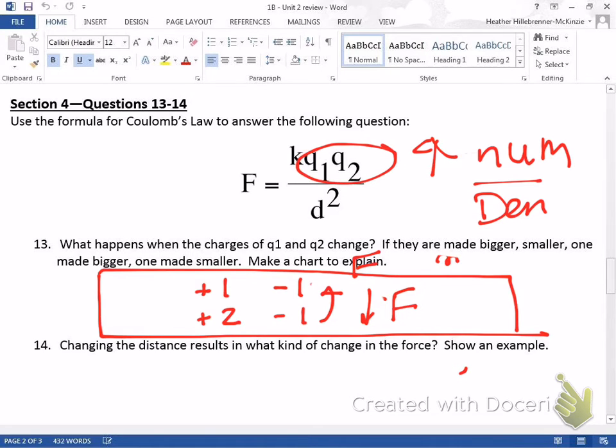How does changing the distance change the force? If you increase the distance, the force decreases. If you decrease the distance, the force increases. If I make this smaller, then my force is going to get bigger.